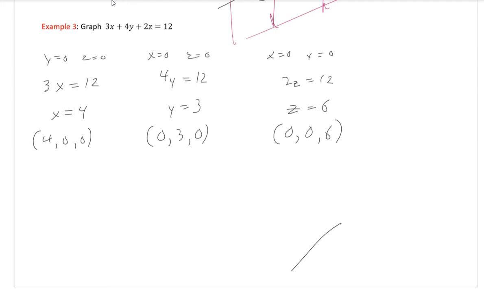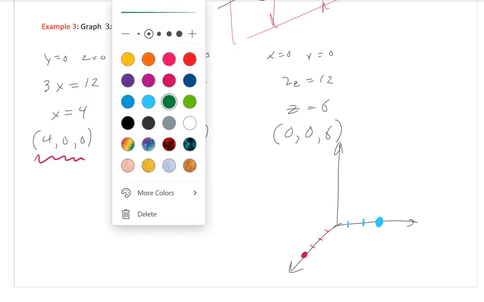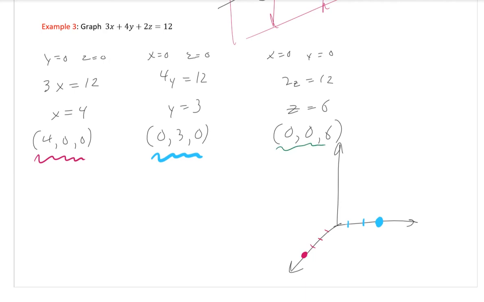Graphing that, x, y, and z. If I graph this x coordinate, that's going to be 1, 2, 3, 4, right there. If I graph the y coordinate, that'll be 1, 2, 3, right there. And then if I do another color, say green, for the z coordinate, I have 1, 2, 3, 4, 5, 6, right up there.